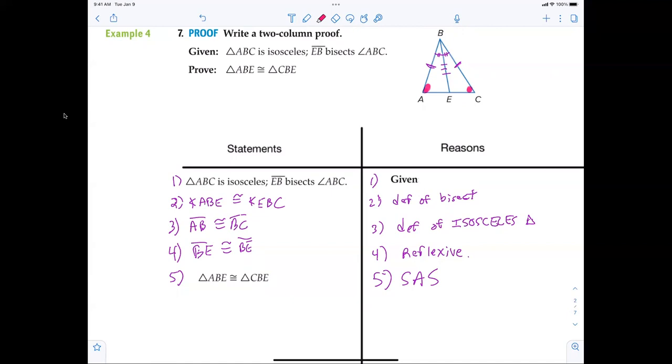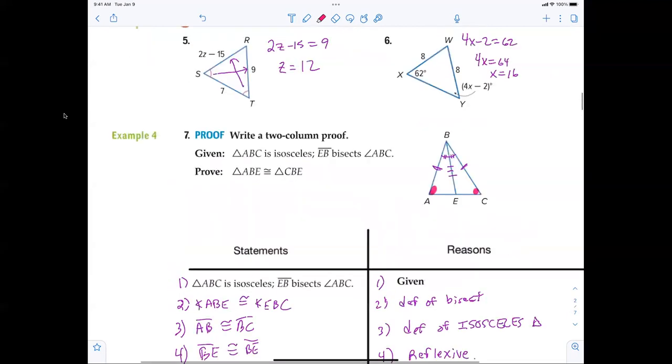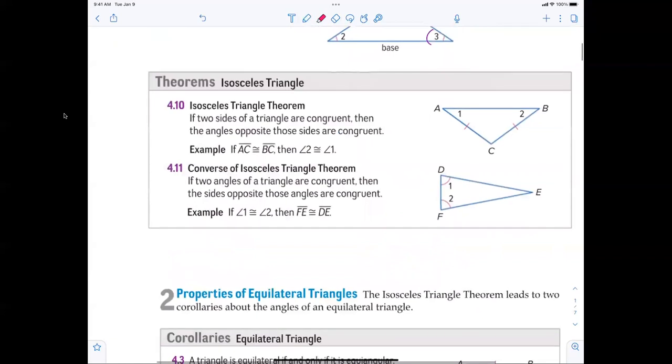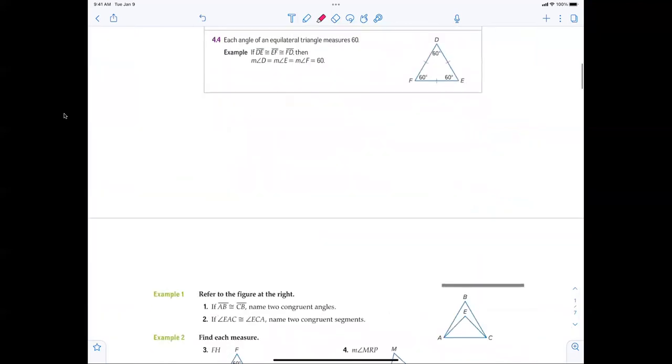That comes from a theorem, so you could say isosceles triangle theorem, but I always just say base angles of an isosceles triangle are congruent. Everybody's good?